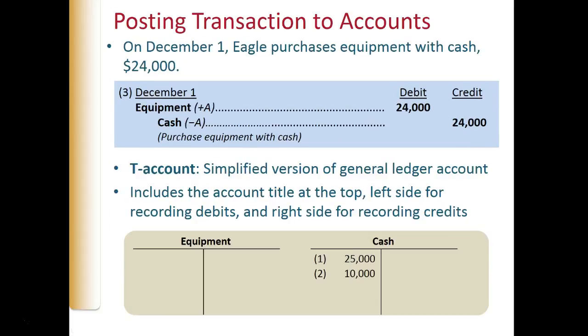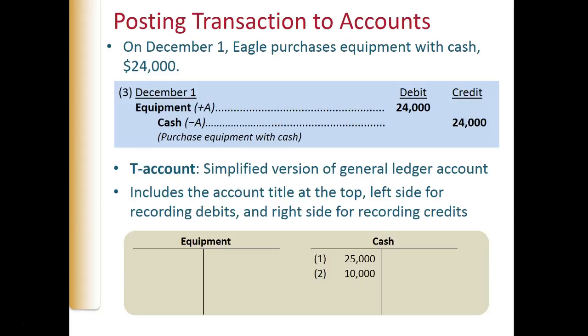Next. On December 1st, Eagle purchases equipment with cash. Debit equipment of $24,000. We credit cash of $24,000. So now they're introducing what's called a T account to us.